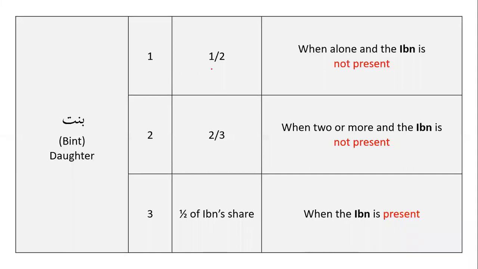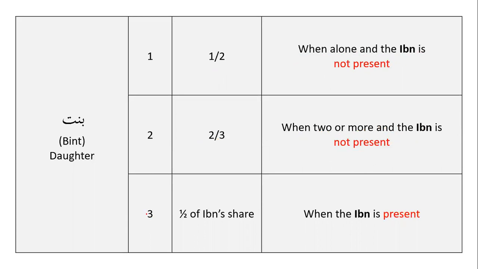Condition number 1, where the Bint will receive half of the inheritance, is when the Bint is alone and the Ibn is not present. Condition number 2, when there are 2 or more Bints and the Ibn is not present.